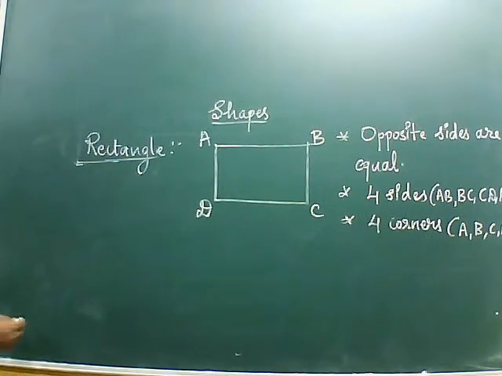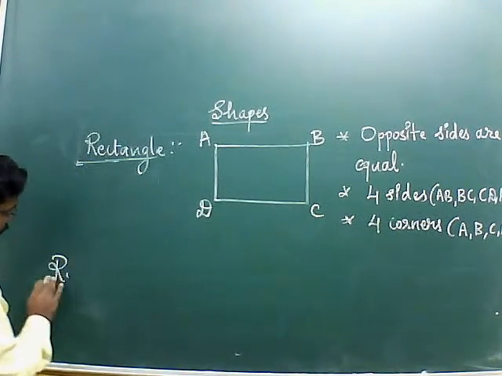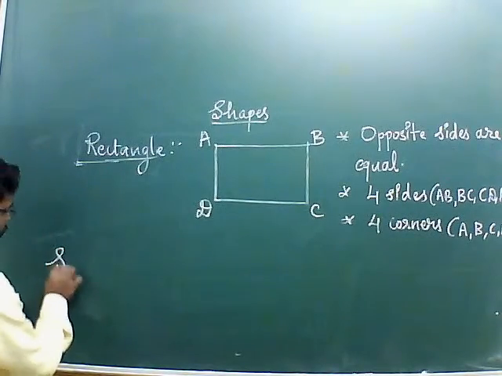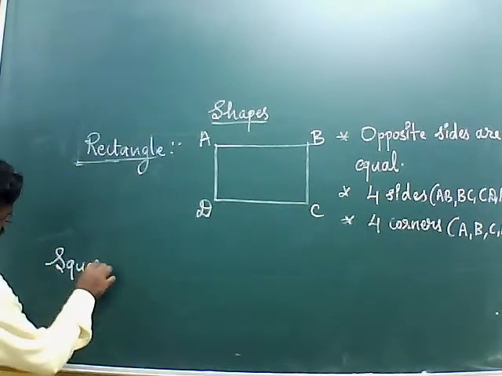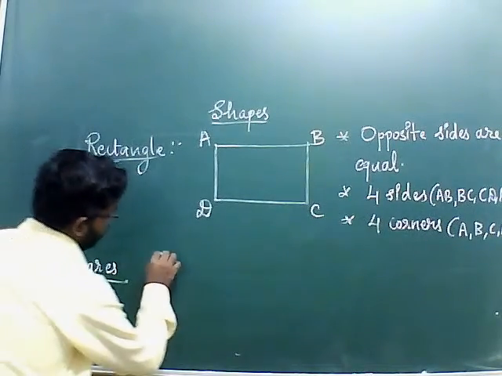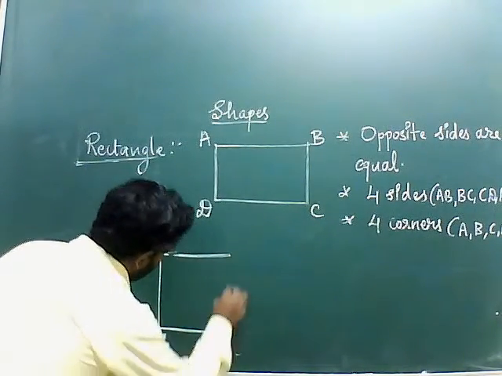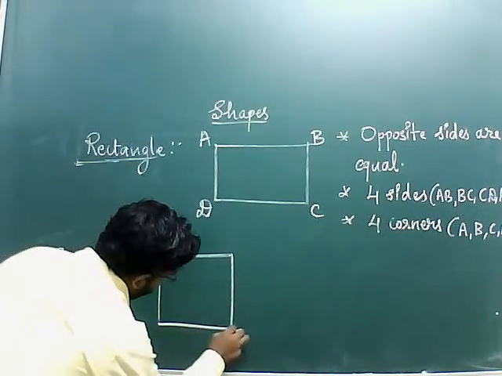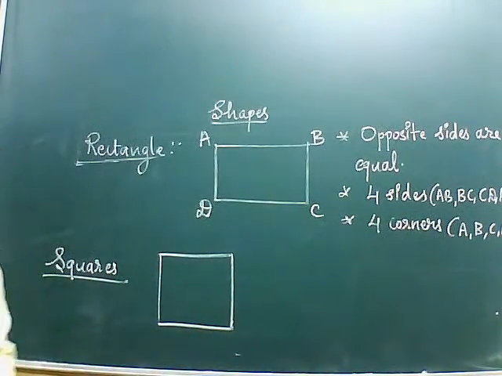After rectangle, next we learned about square. In a square, how will it be? All sides are equal.